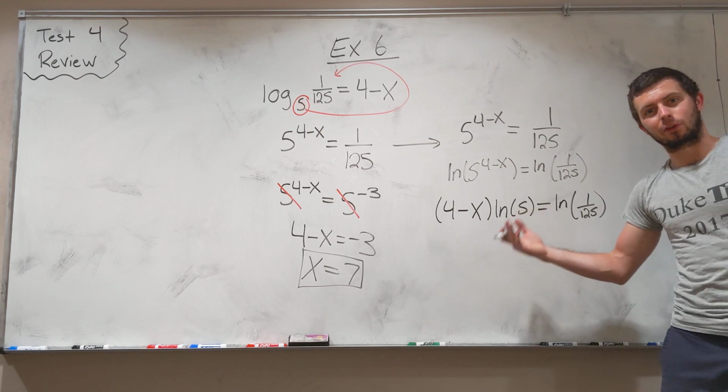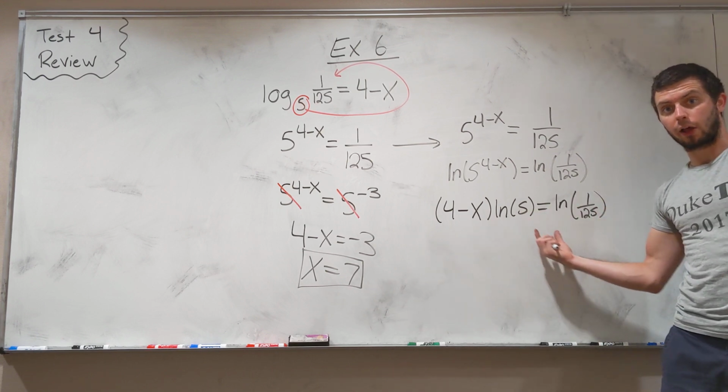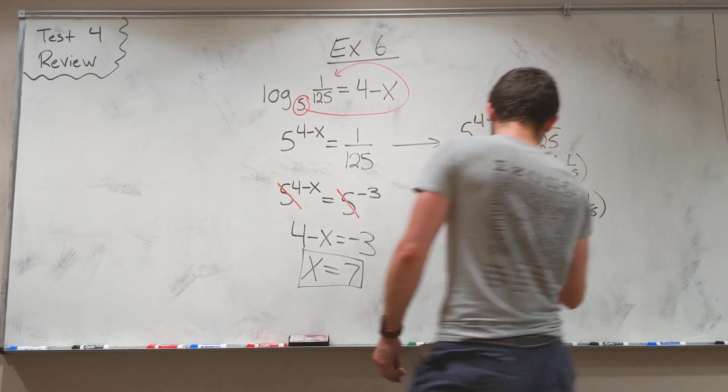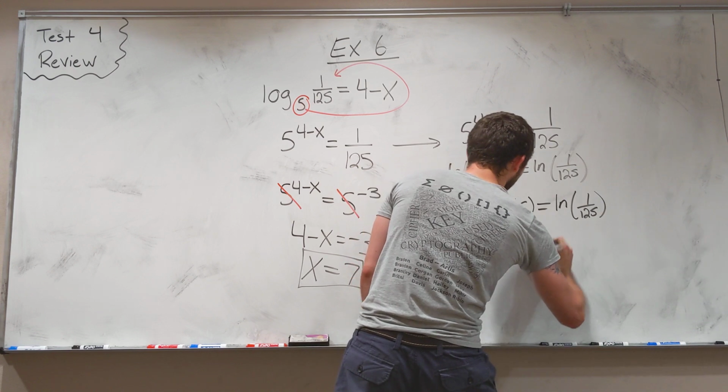And so I think you see where the complexity lies a little bit. So we can divide both sides by natural log of 5.